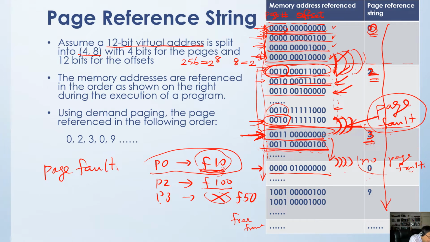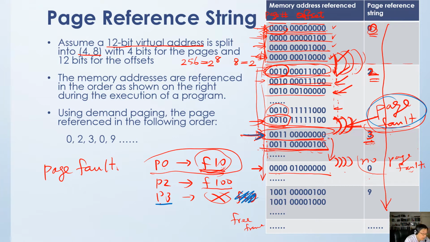Suppose when we enter page 3, there's a page fault. And initially we find a free frame, which is actually frame 50. So we load page 3 into frame 50.